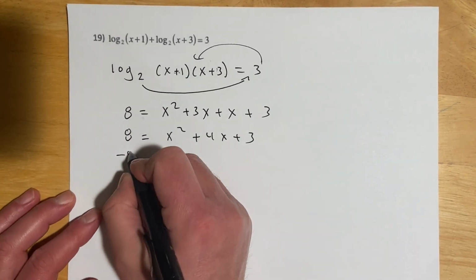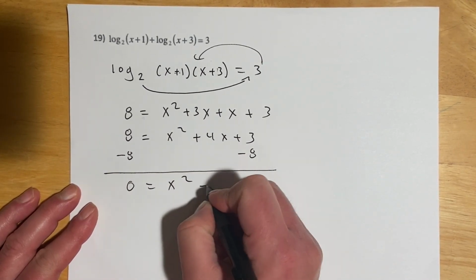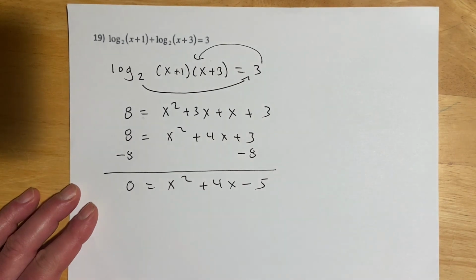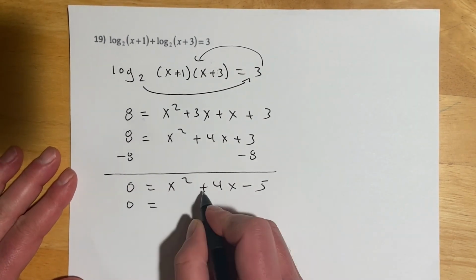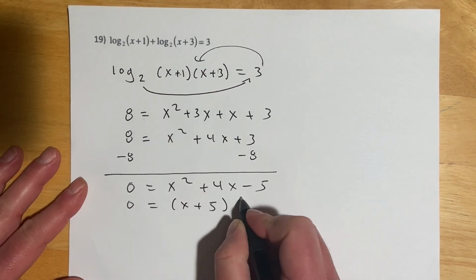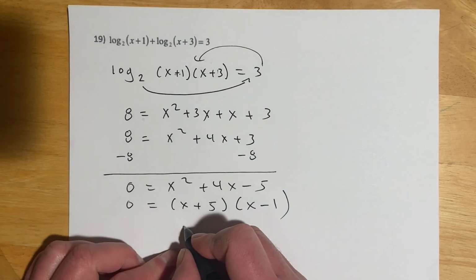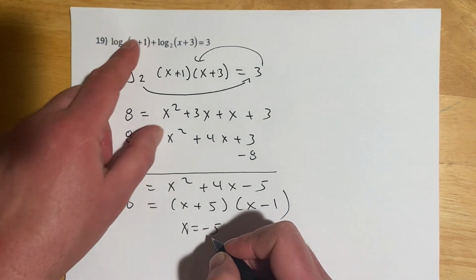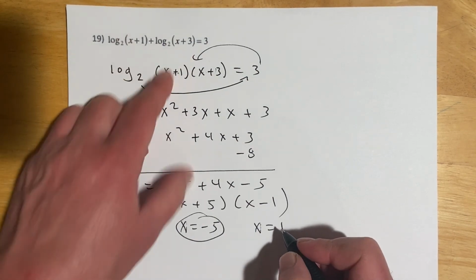It is quadratic, so let's bring this 8 over. 0 equals x squared plus 4x minus 5. Multiplies to negative 5, adds to be 4. So it sounds like x plus 5 and x minus 1. So my possible solutions are x equals negative 5, which does not work, and x equals 1, which works great.